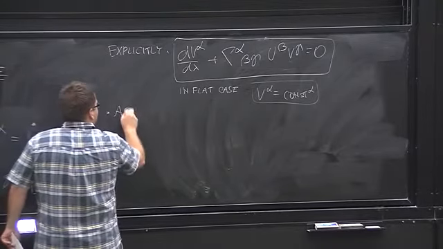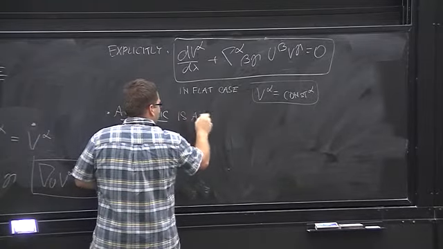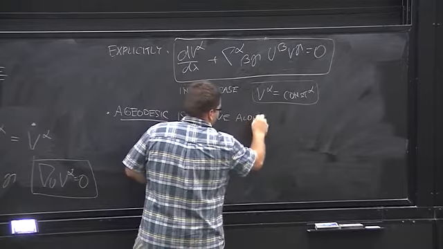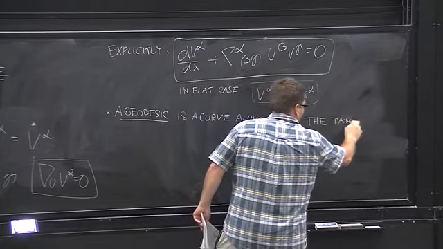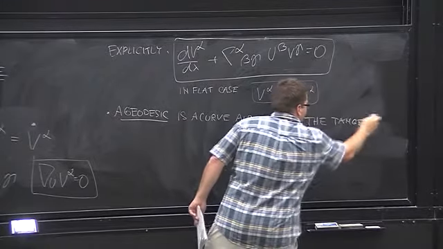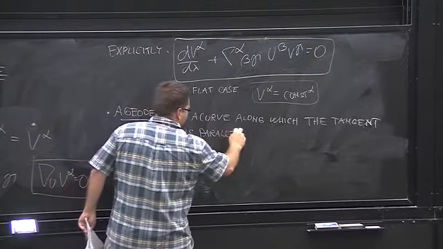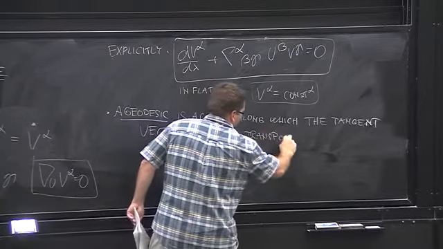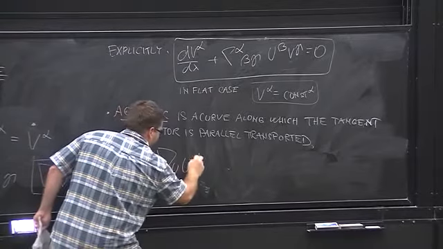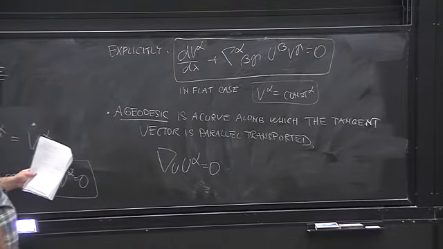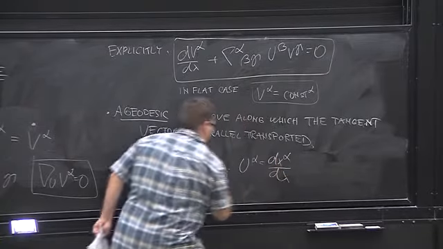So finally, a geodesic is a curve along which the tangent vector is parallel transported, so nabla u on u alpha equals 0.